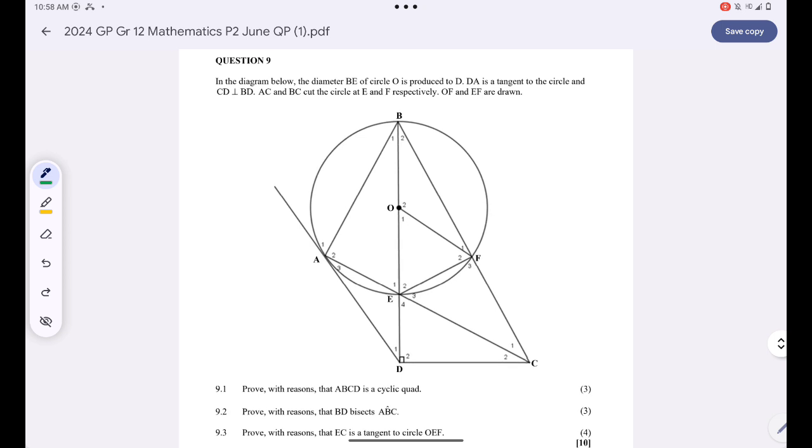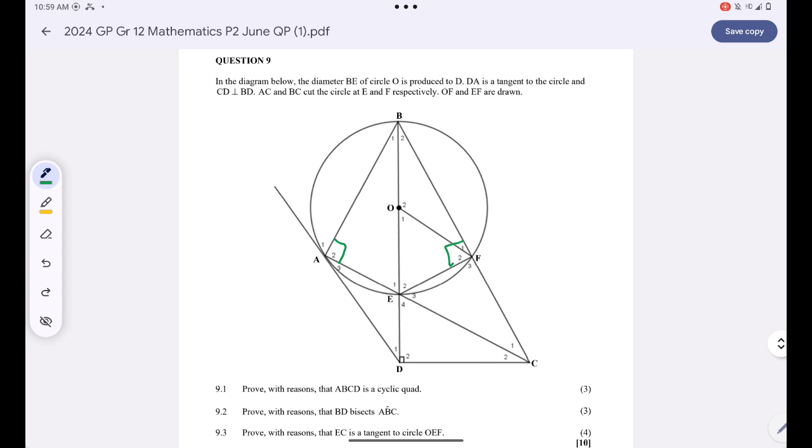Okay, in the diagram below, the diameter BE of circle O is produced to D. First statement, we are told about a diameter. BE is a diameter. I know that a diameter will always subtend an angle of 90 degrees at the circumference. These angles are called angles in a semicircle.